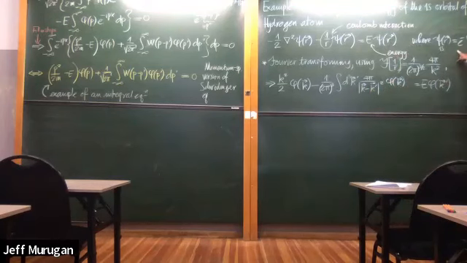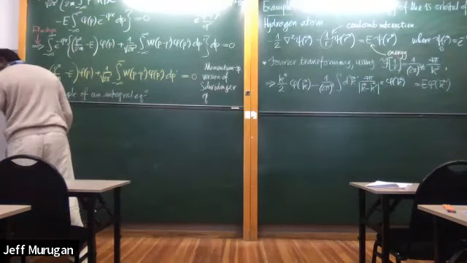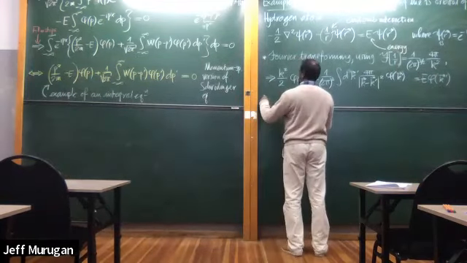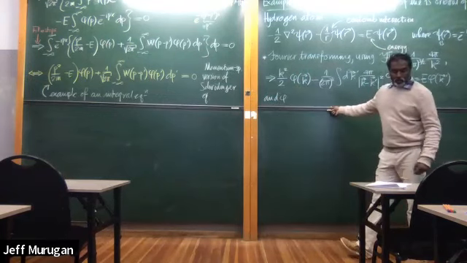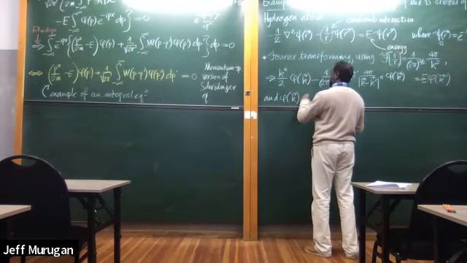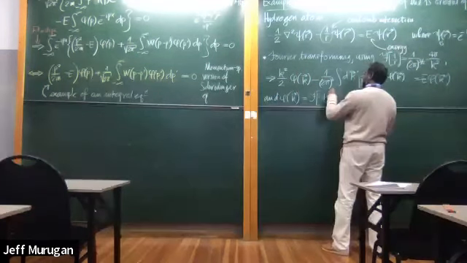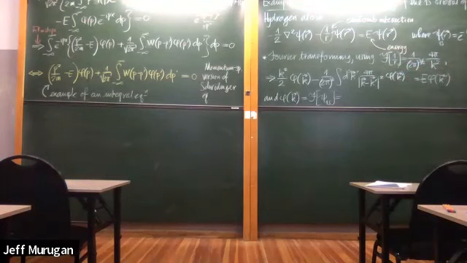If this is the wave function of the 1s orbital, its Fourier transform phi of k is the Fourier transform of this decaying exponential.